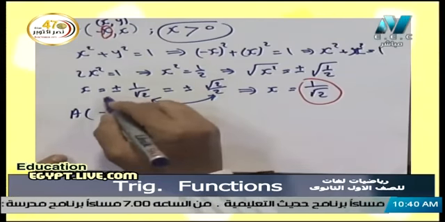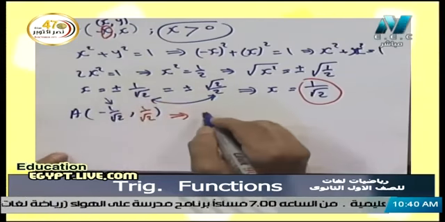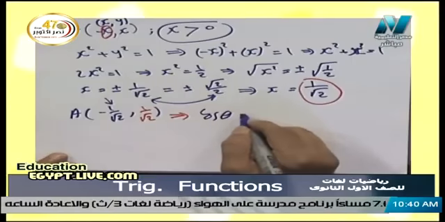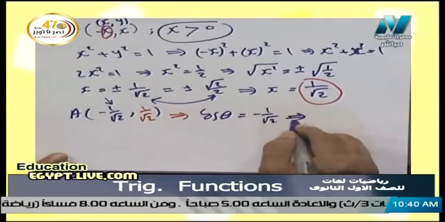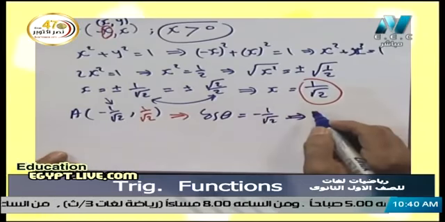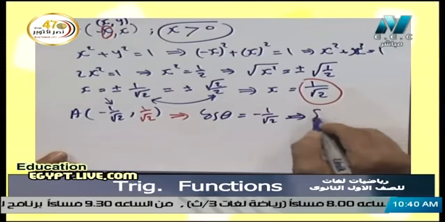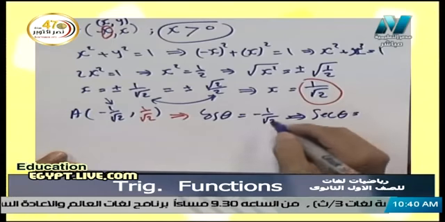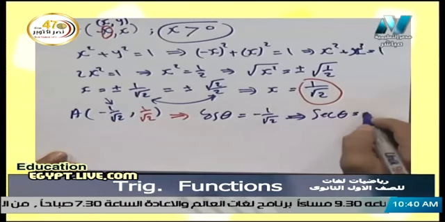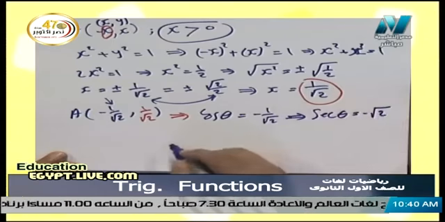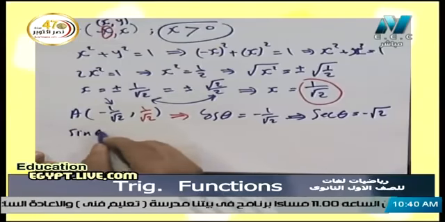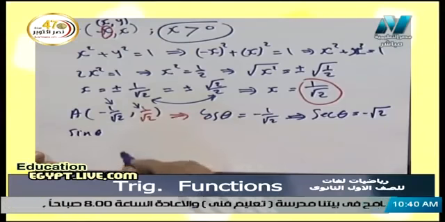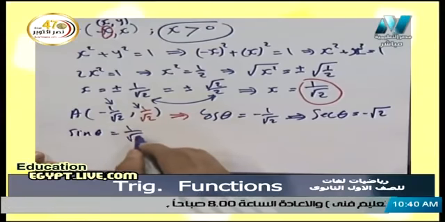So we can say that this part we know as cosine. Cosine of the angle theta here is negative 1 over root 2. And of course its reciprocal, sec theta, is negative root 2 over 1, or negative root 2. And also we know that sine theta is this part, which is 1 over root 2.